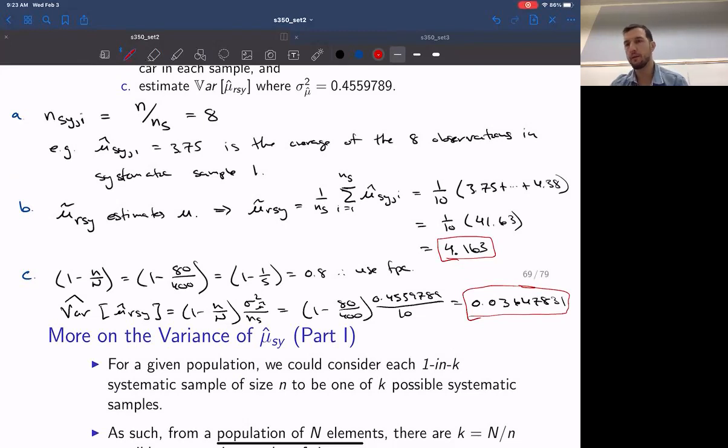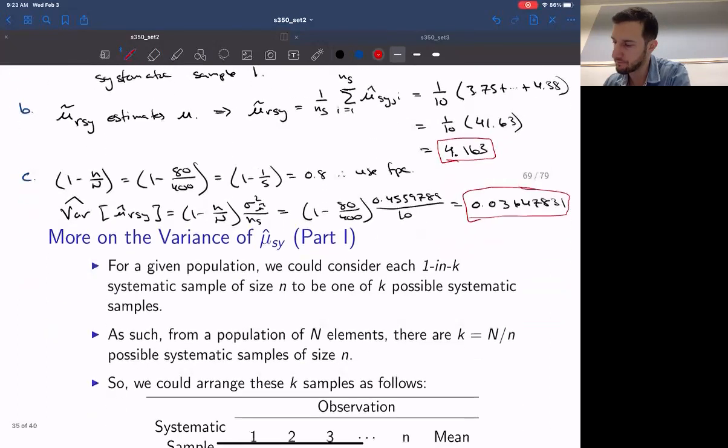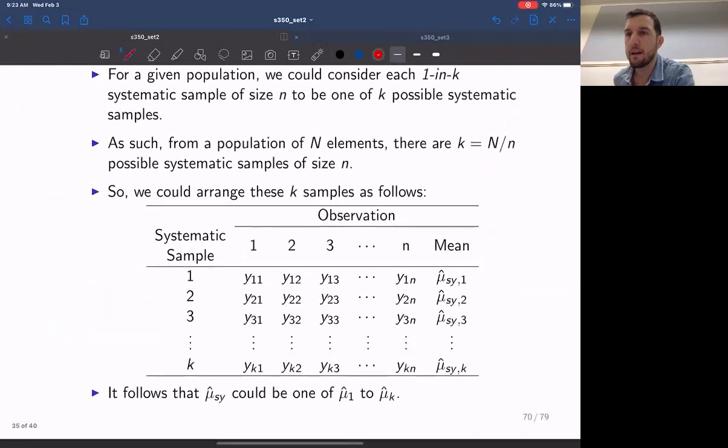Okay, so that was an illustrative example of how our repeated systematic sampling approach could be used to estimate a mean. Let's talk a little bit more about the variation of the estimate. As I had mentioned before, we can actually consider the sigma squared mu hat term to be the between systematic sample sum of squares, or the between systematic sample variance.